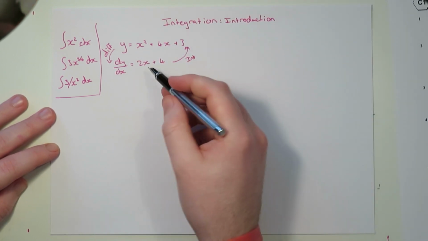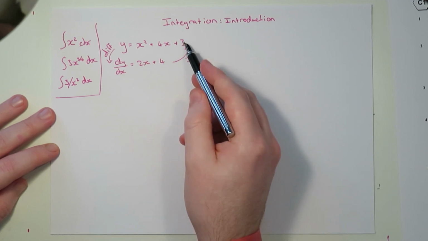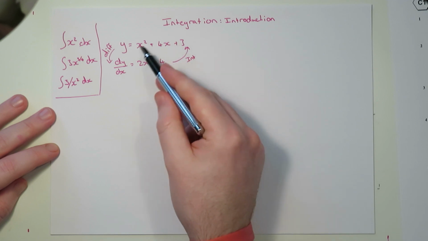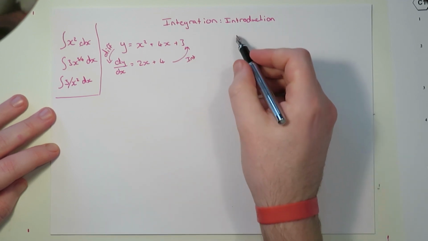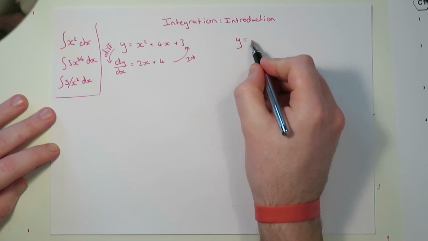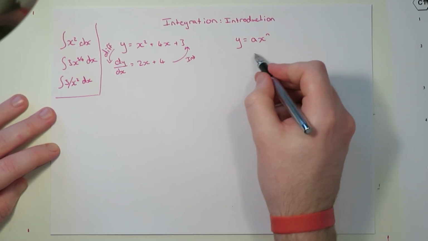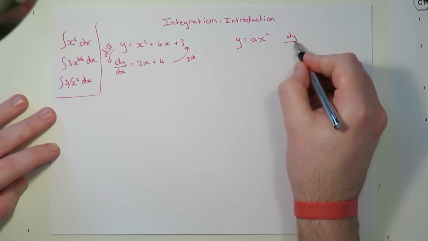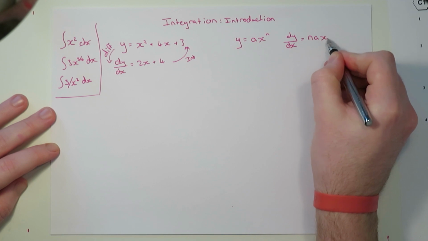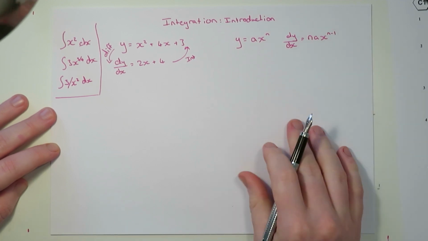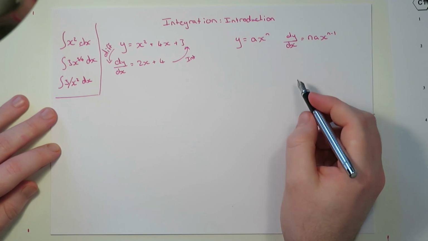So this here, well, we know what it needs to look like in the end. We know it needs to look like this. So much like differentiation, where if you have y equals ax to the n, and the derivative of that is n times ax to the n minus 1, there is something similar for integration as well.